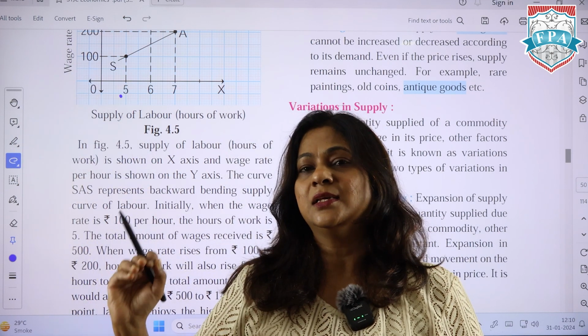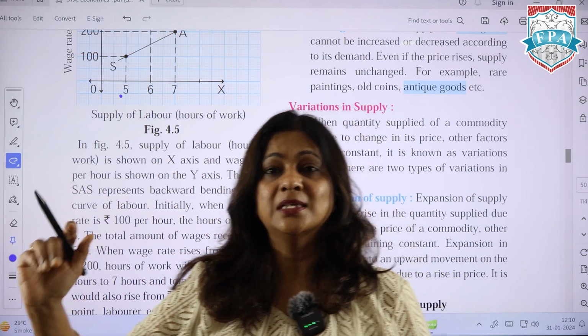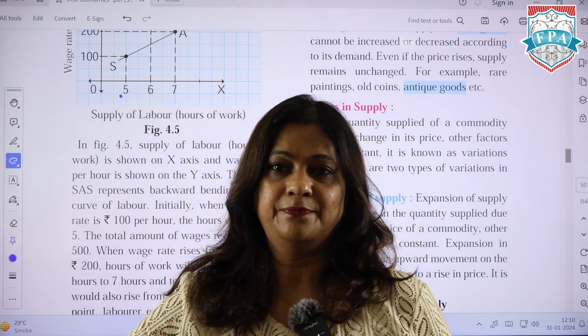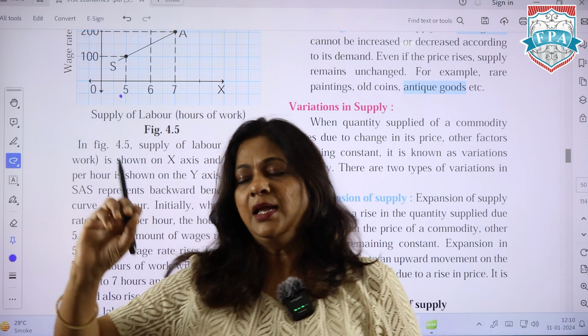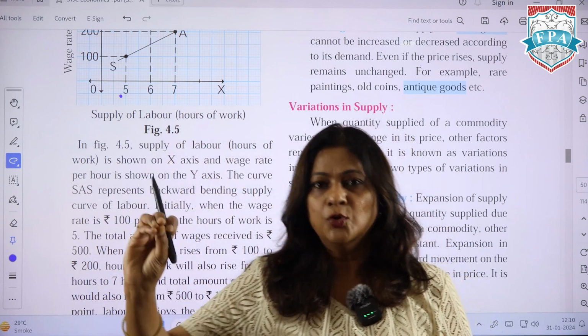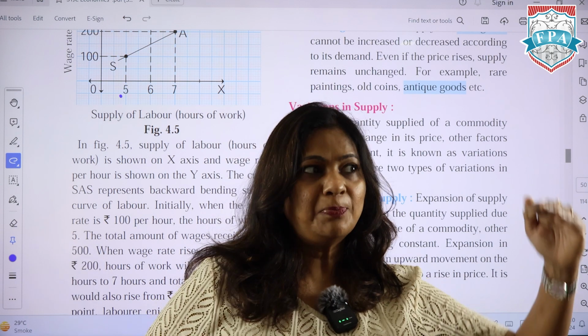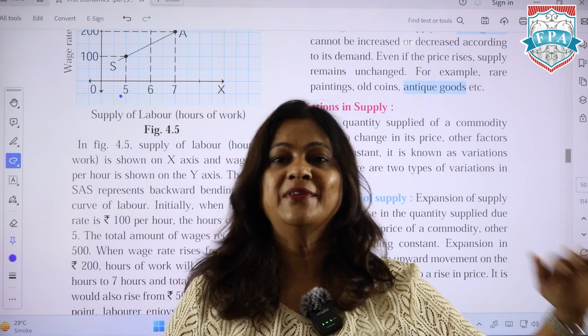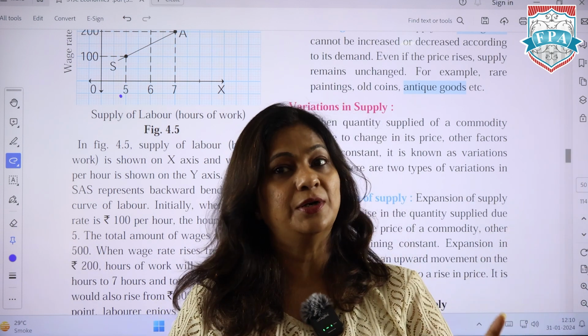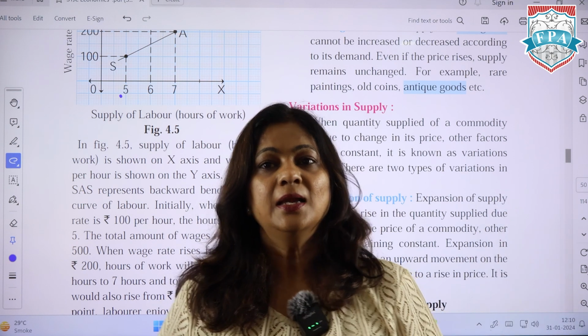Increase and decrease in supply happens for a reason other than price. Apart from price, any other factor would be the reason for the shift in the supply curve. Expansion and contraction of supply will happen only and only because of price.